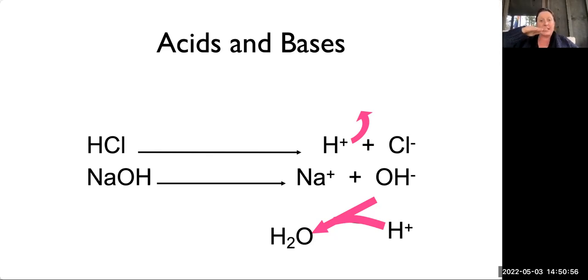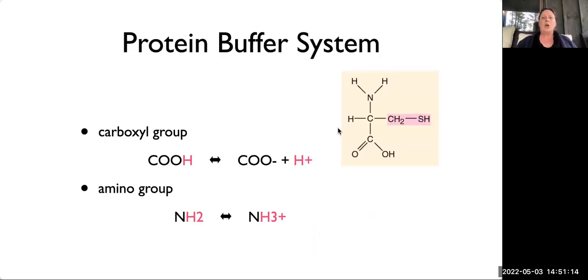So if the pH is here and I add acid to the solution, the pH is not going to change. That's because the body is using a buffer. So let's take a look at the different buffers. We have chemical buffer systems and we have physiological buffer systems. I'm going to start with the chemical. So one of the chemical buffer systems is known as the protein buffer system.